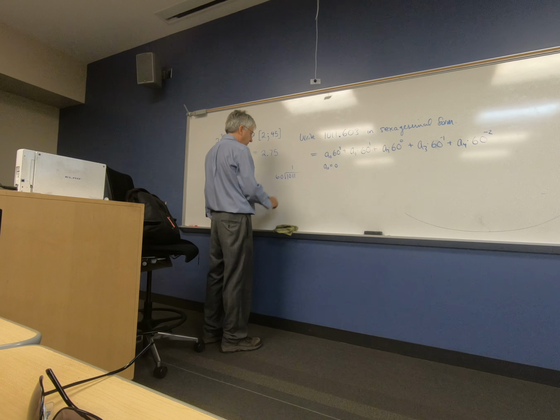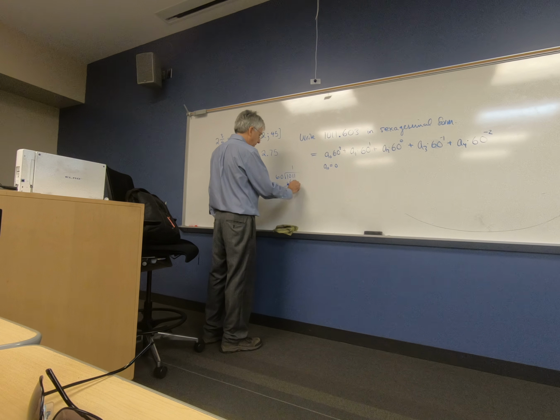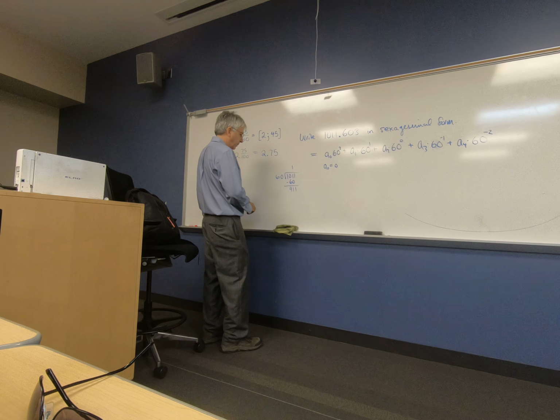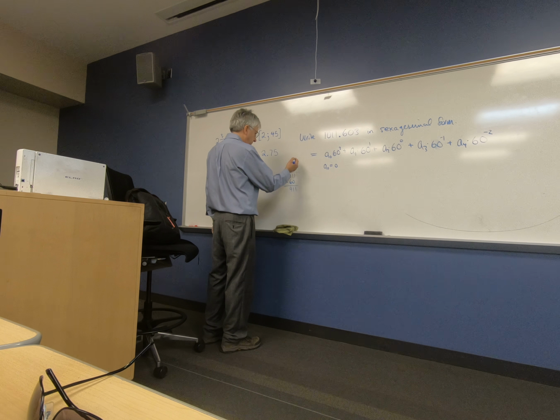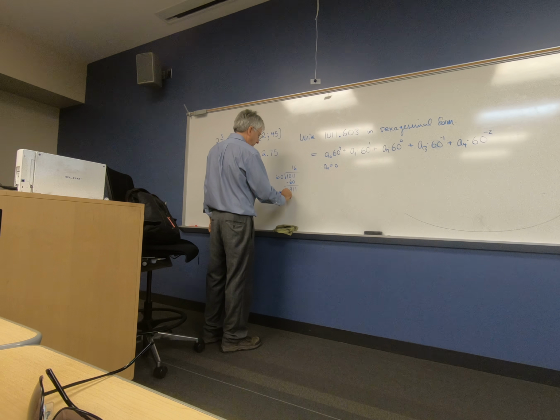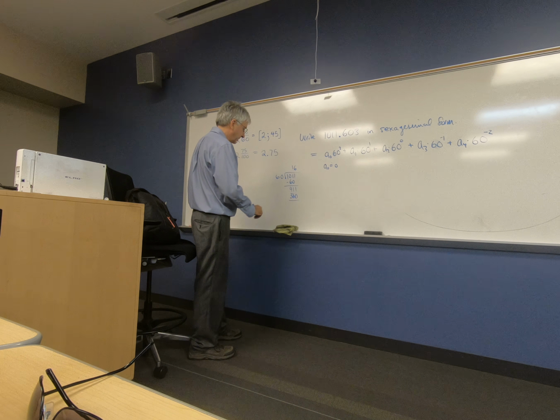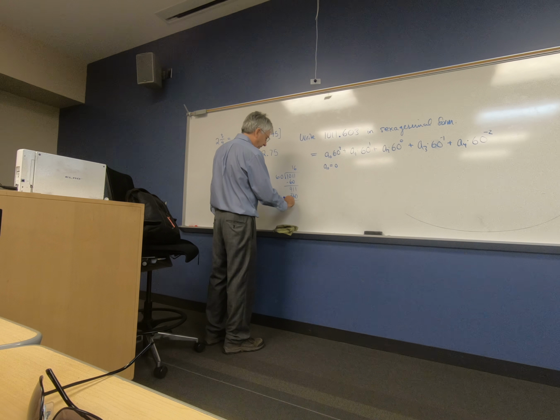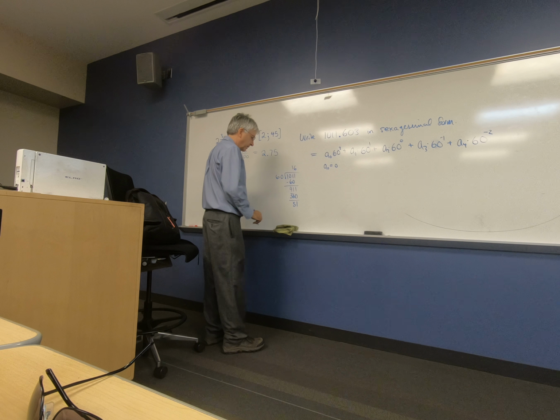Long division, right? 41, bring down the 1. Now what? 7 is too big, so 6, and you get 360. And what do you get then? Well, 51, is that the remainder?